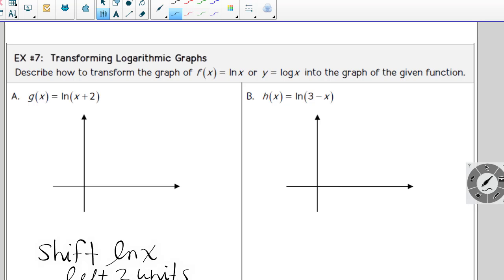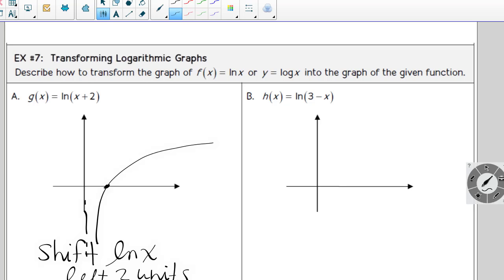It says describe how to transform the graph into the graph of the given function. If this is my base function, where this point is (1, 0), and remember we have an asymptote right here, the base function looks something like this.